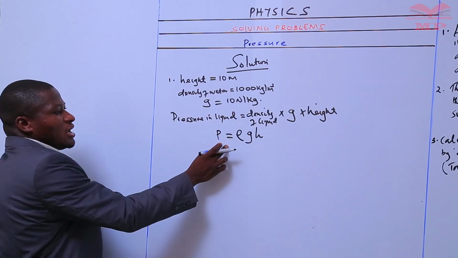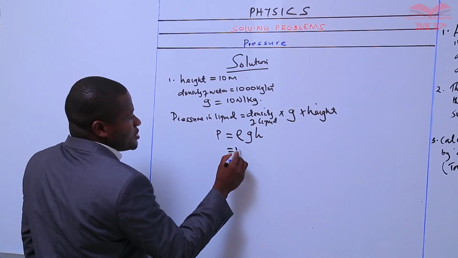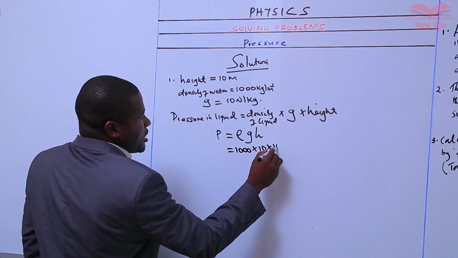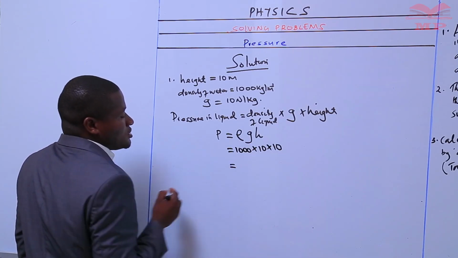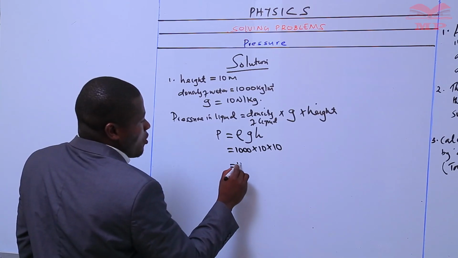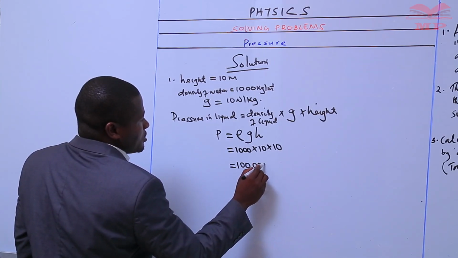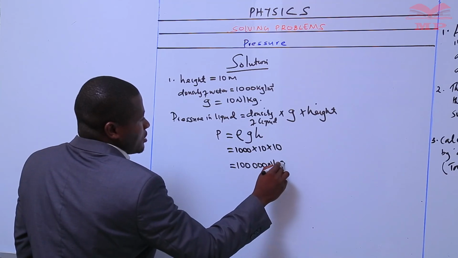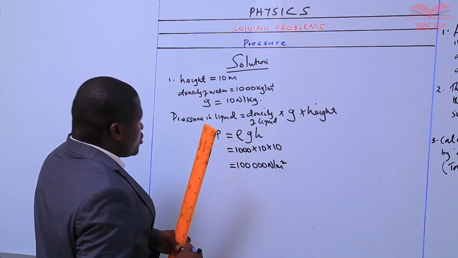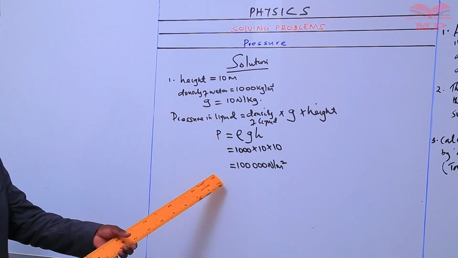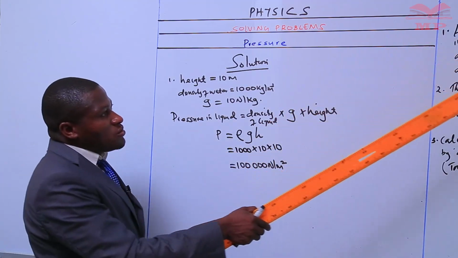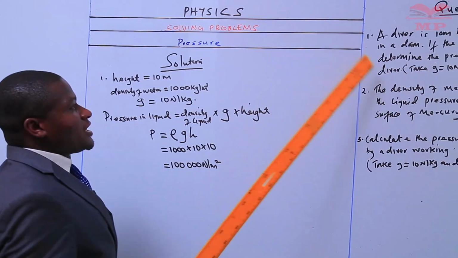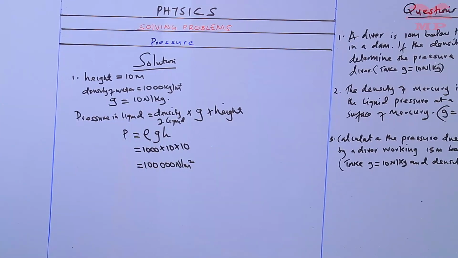Substituting in our formula, we have density 1000 times G, which is 10, times the height, which is 10. This gives me 100,000 Newton per meter squared. This is the pressure of water experienced by that diver.